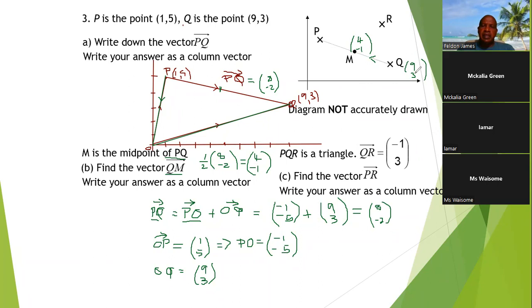So from P to M would be half of PQ, but from Q to M would be half of QP.